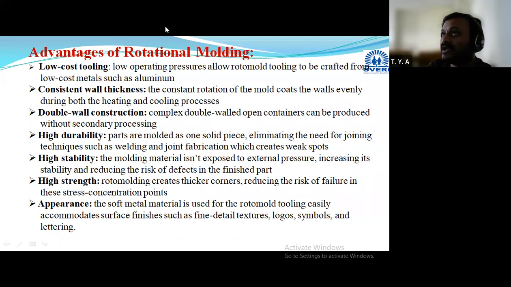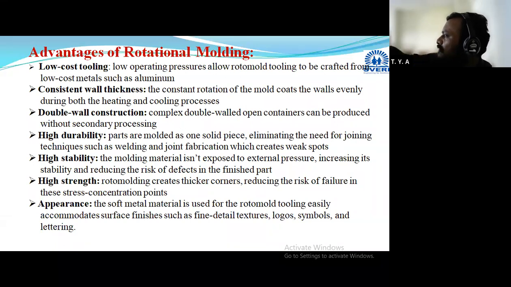Then in this rotational molding process, for example, if you have seen the water storage tanks which we use in our homes, you may have read on the logo or front side that they are 4-layer or 3-layer water tanks, like the Supreme water storage tank or the Syntex 3-layer, 2-layer tanks. It means you can give layers of material.